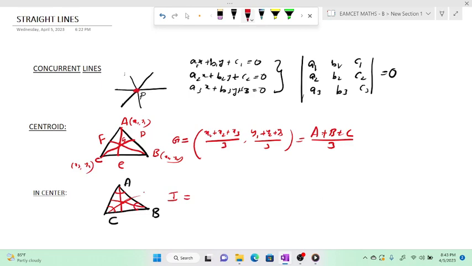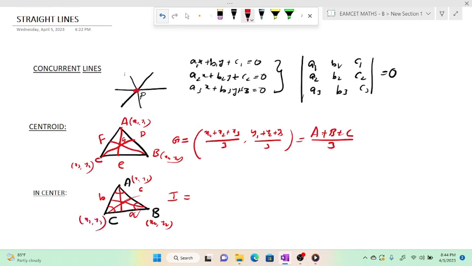In this triangle, small a is the BC side value, small b is the AC distance value, and small c is the AB distance value. The vertices are the same: x1 comma y1, x2 comma y2, x3 comma y3.